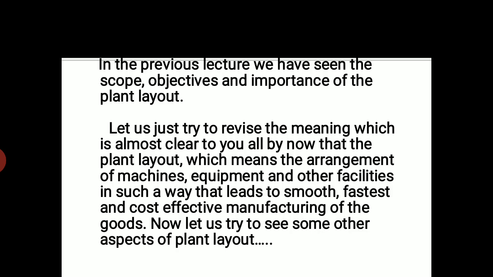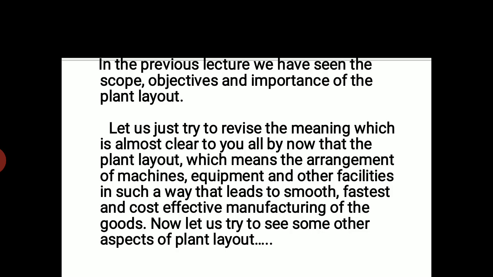It tells us about the designing or internal arrangement of the factory or plant, which includes the arrangement of machineries, equipment, or at times even facilities. I have repeated it yesterday also, and I am repeating it in this lecture: facilities may be the parking area, the canteen facility, the restrooms, the production unit itself, the administrative office, or the storage place.